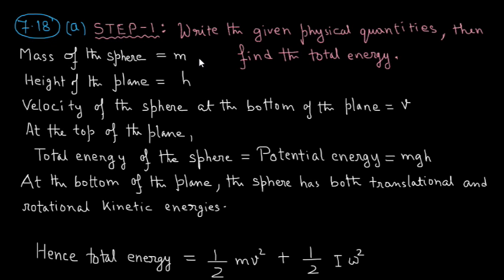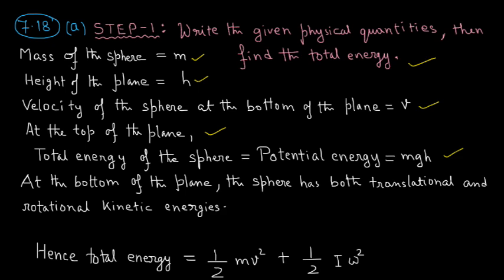Step first is write the given physical quantities and then find the total energy. Mass of the sphere is m, height of the plane is h, velocity of the sphere at the bottom of the plane is v. At the top of the plane, the total energy of the sphere is equal to potential energy, that is mgh. At the bottom of the plane, the sphere has both translational and rotational kinetic energy.